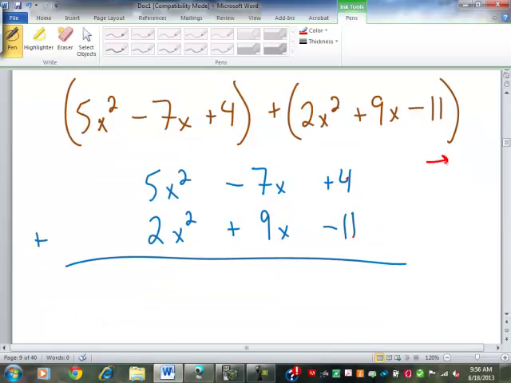We've got 4, negative 11. That should give us a negative 7. Negative 7x plus 9. Well, negative 7 plus positive 9, positive 2x. And 5x squared plus 2x squared is 7x squared.